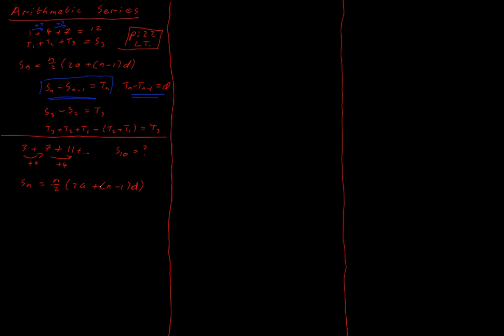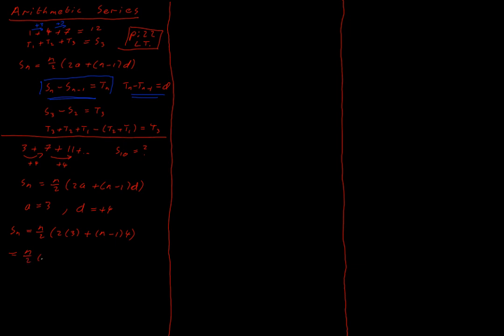So I need a and d. Well, a and d mean the same thing as they already did for my Tn formula. A is my first term, which is 3, and d is my difference between my terms, which I've already figured out is plus 4. So subbing in then, S of n is n over 2 by 2 by 3 plus n minus 1 by 4.